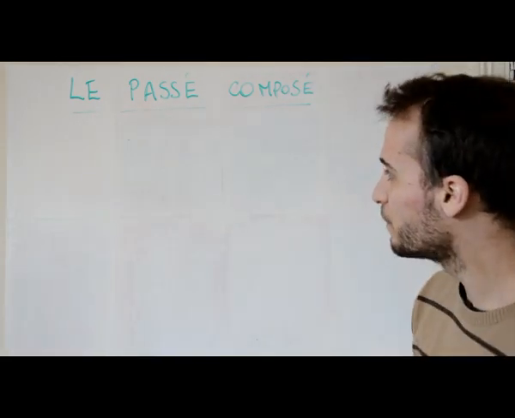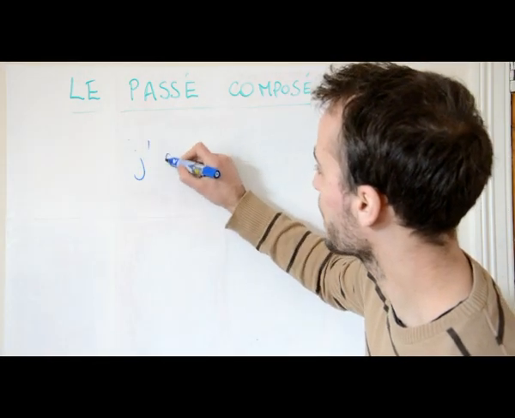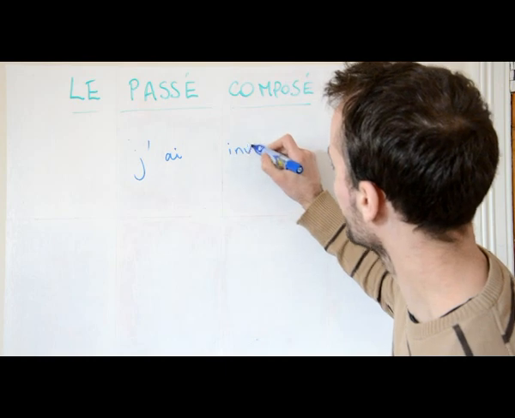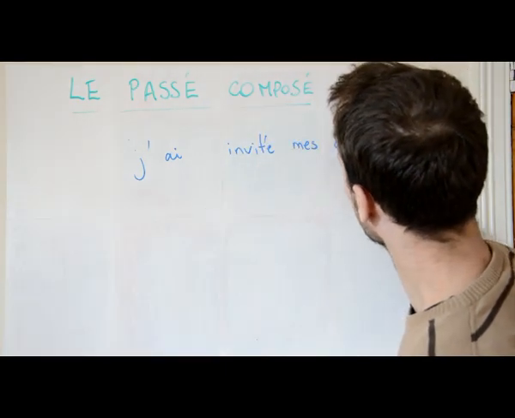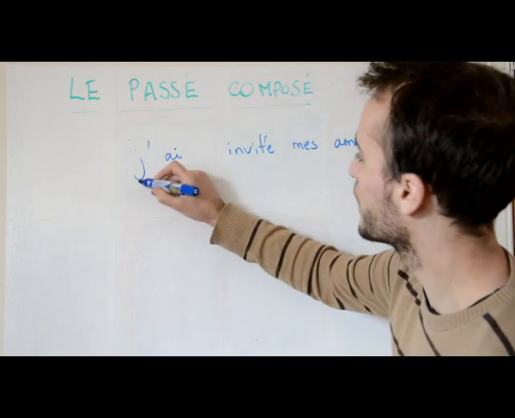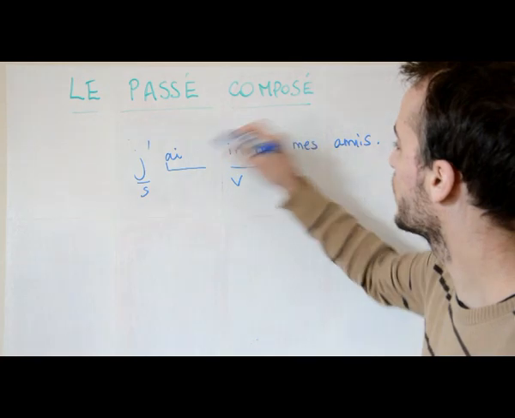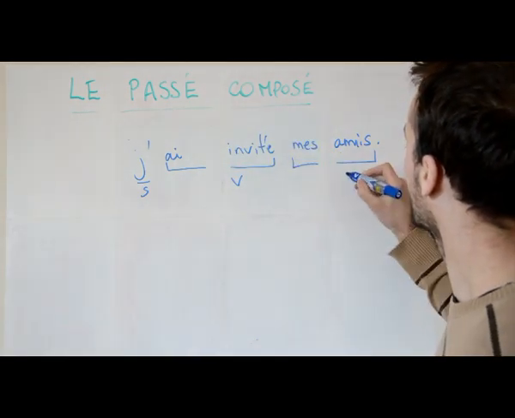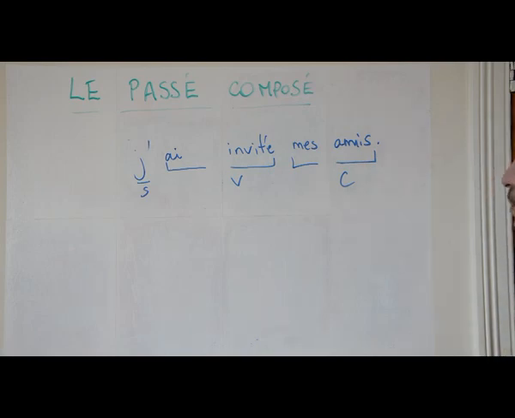So for instance, if I'm saying j'ai invité mes amis, then that's my subject, that's my verb, and here is my complement. It's actually a direct complement here, but we don't really care too much about that now.